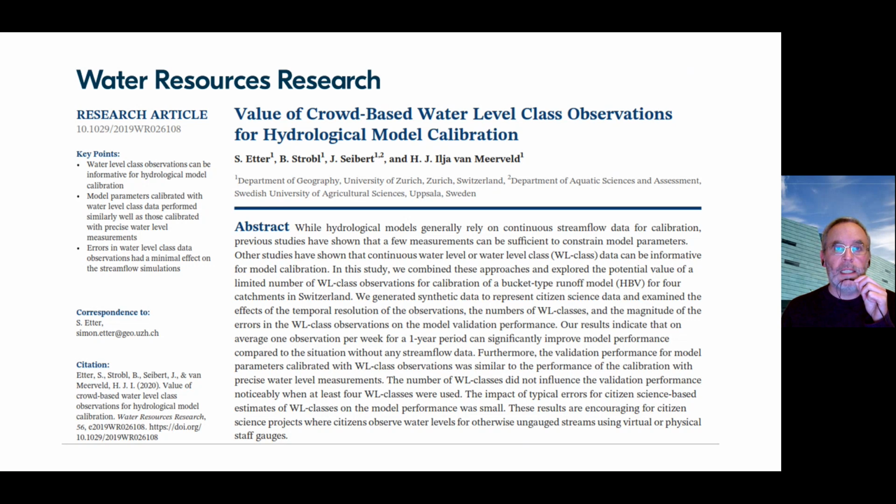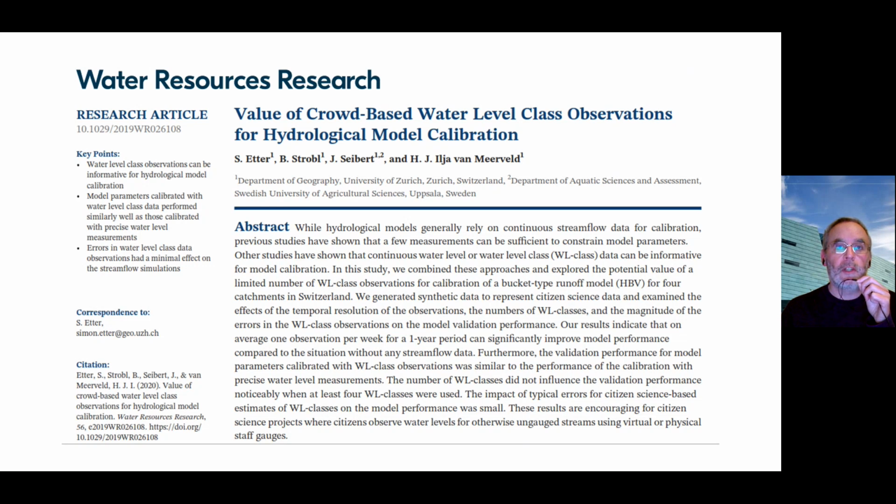So the data that you gather for this project, we would expect to contribute to good science, giving us good information about hydrological conditions at the river sites you select.